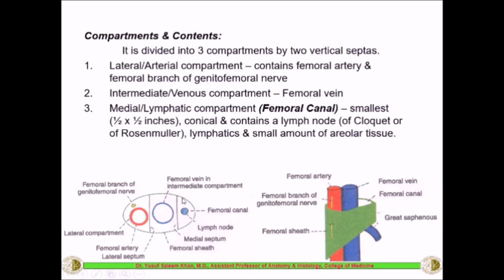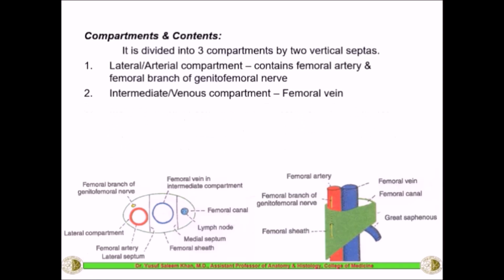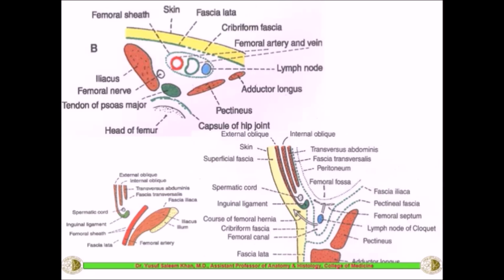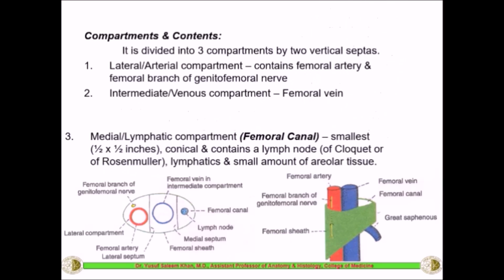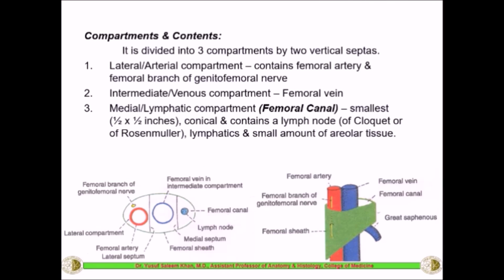But why is it important? Because this is a potential space, and weakness of this area leads to the clinical condition called femoral hernia. As you can see in the previous picture, these fascia come from the abdomen. Fascia transversalis and the fascia iliaca are from the abdomen. So when they become weak, the abdominal contents like the intestine, the bladder or something like that descend along this route, especially in the most medial compartment, the femoral canal, because it is almost empty.